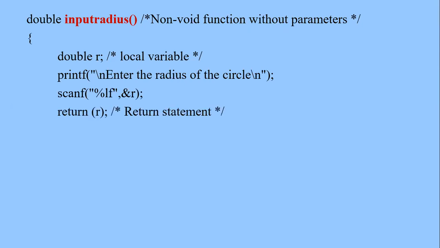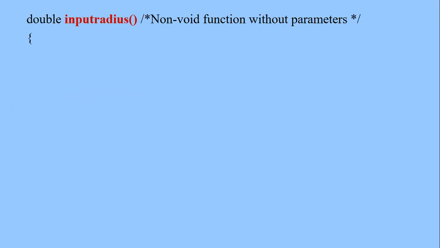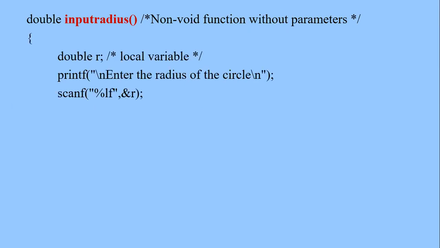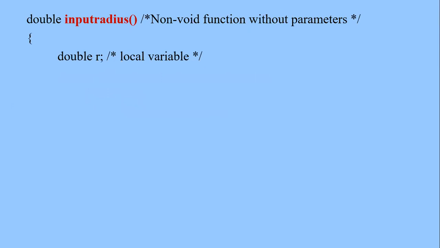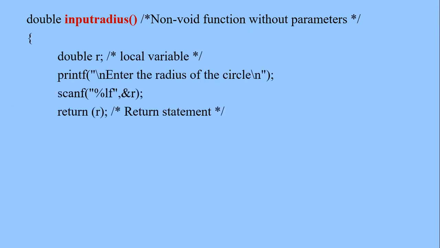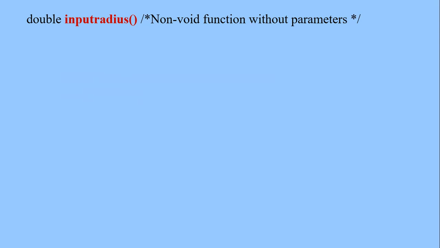If you look carefully, my dear students and the rest of the learners, double input radius is returning data of type double. In fact, the content of R is double, and this value will be returned by this function. You can see that the return statement is returning a value of type double.